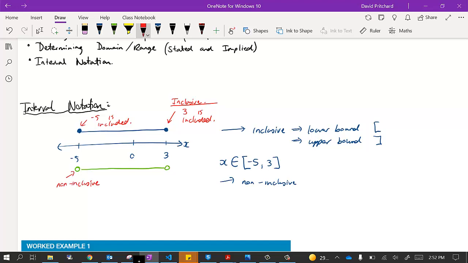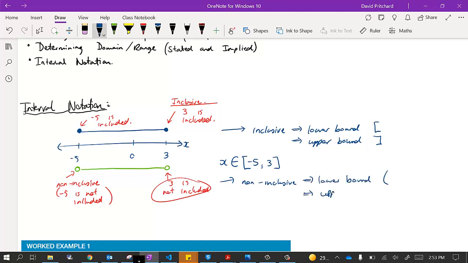It basically means that the -5 is not included in the set, and the 3 is also not included. Then our lower bound will be a round bracket, and the upper bound will also be a round bracket. So we would say here that x is an element of -5 through to 3, non-inclusive.